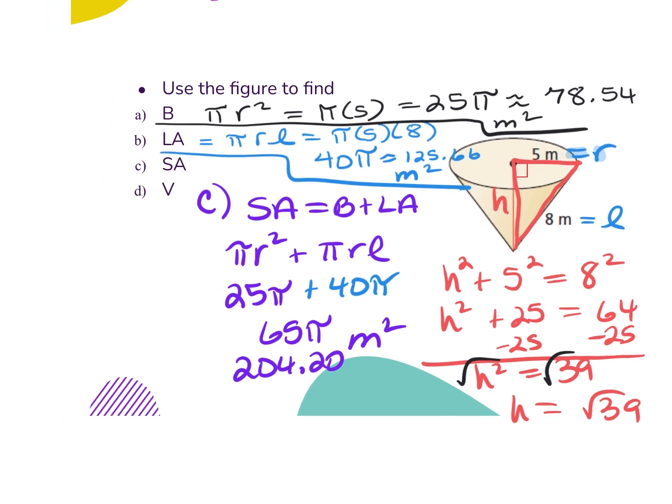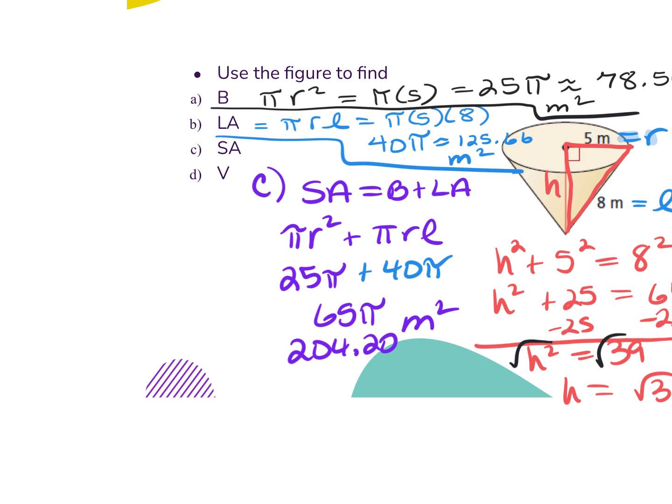And now for the last part, since we already had done the height from the beginning, it makes this question a little bit easier. So remember, it's 1/3 capital B H, but the B, remember, is a circle. So 1/3 pi times radius squared times the height.